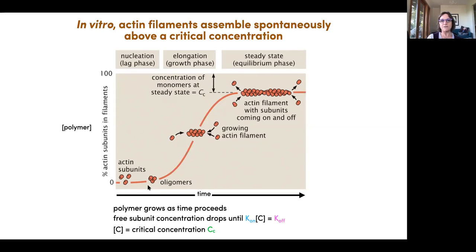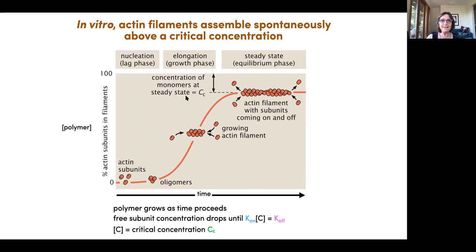There's an energetically demanding step of nucleation for the first few monomers to come together to form what's called a nucleus. And once that happens, you get a steady state of actin incorporation until the amount of free actin that's not incorporated into filaments reaches this critical concentration, and then you get a steady state of addition and removal.